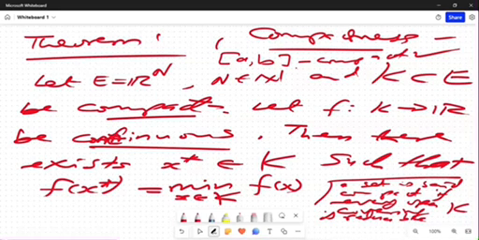Reducible to a finite subcovering that covers the set K. So if every open covering of K is reducible to a finite, the keyword here is finite, subcovering that covers K, that set is said to be compact.